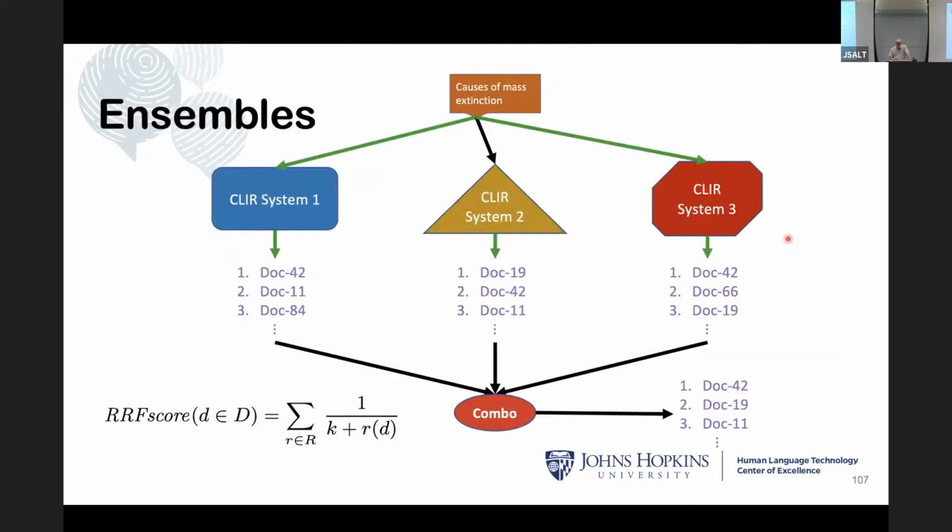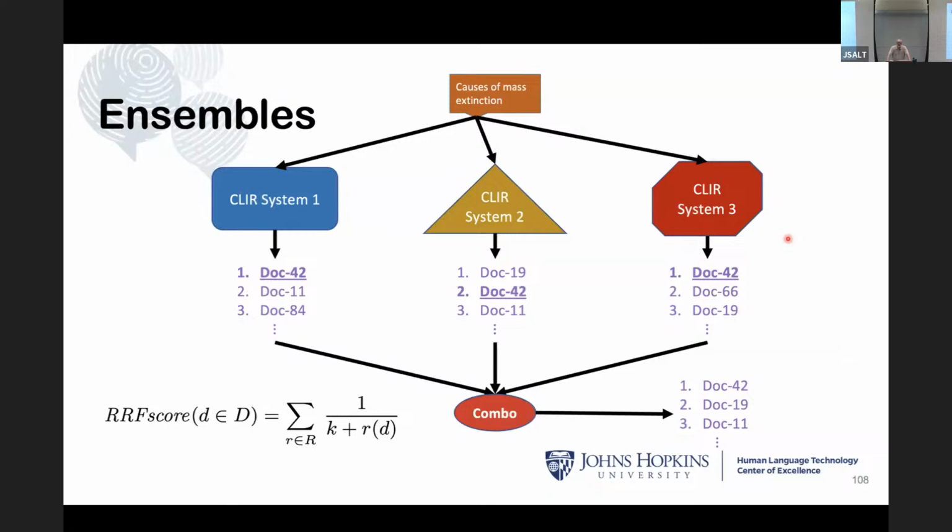Okay. One last approach is ensembling. In ensembling, you take a bunch of different systems, run them all, get a ranked list out from each one of them, and then you combine those lists. And the most common way that's done is with what's called reciprocal rank fusion.